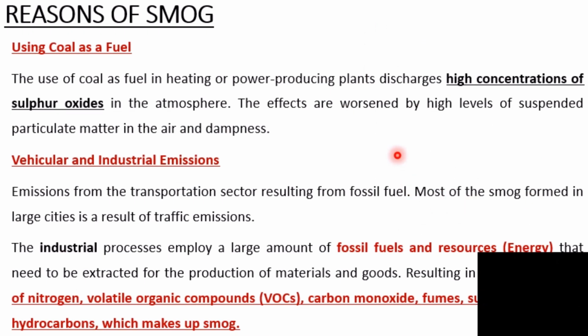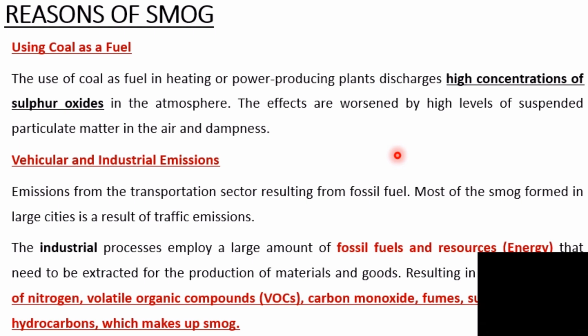Yeah. So what are the reasons? So already now you will have a picture, right? What could be the reason? So using coal as a fuel, whenever we burn, there is a high concentration of sulfur oxides in the atmosphere. So where will it occur? Mainly power plants.